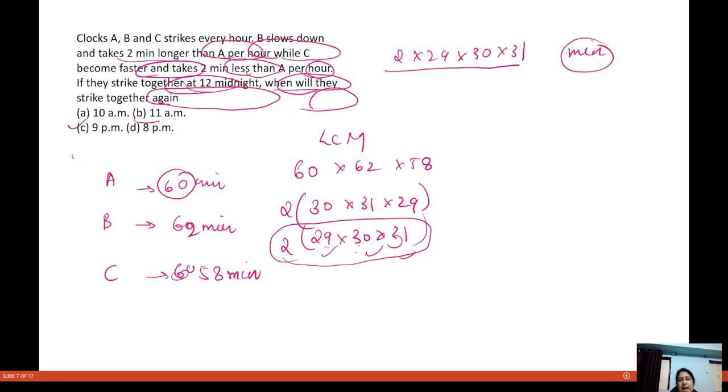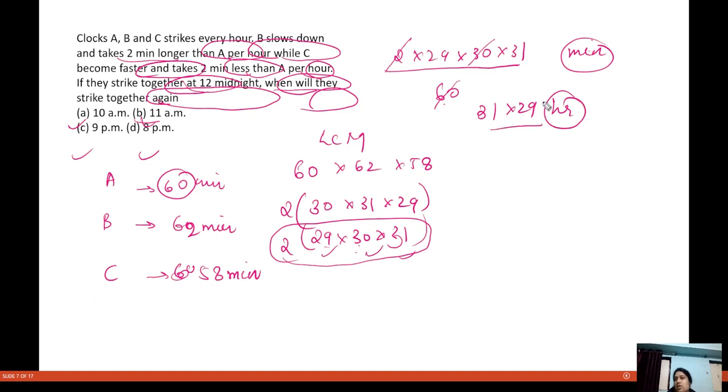Now we have to find this in terms of time. This is in minutes, so if we divide this by 60 minutes, we get the number of hours. So we divide by 60, and this will get cancelled, so now you have 31 into 29 hours.